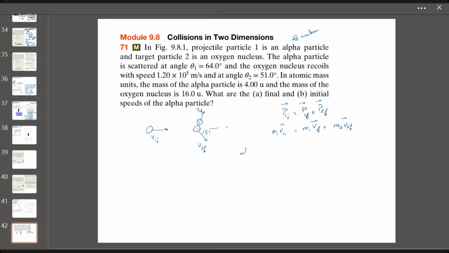I'm gonna project along X. I have M1 V1 initial equals M1 V1 final cosine 64 plus M2 V2 final cosine 51.